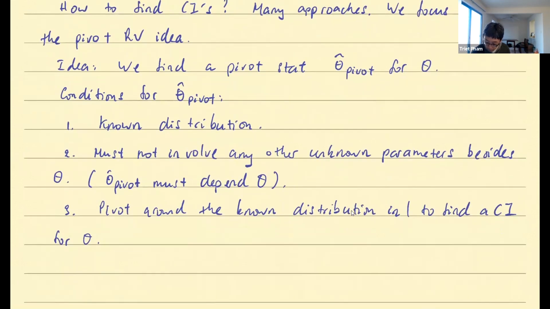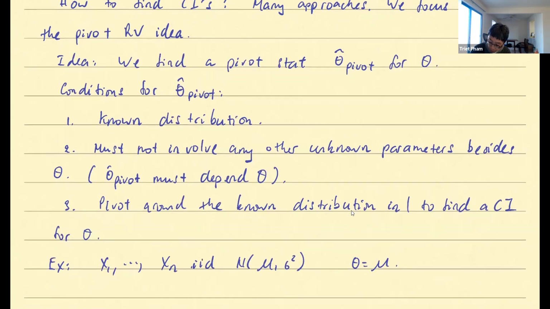So the prime example you want to keep in mind is X1 to Xn iid normal mu, sigma squared. Here theta is equal to mu, so we are looking for the confidence interval for the mean. If theta equals sigma squared, then we look for a confidence interval for the population variance, for example.